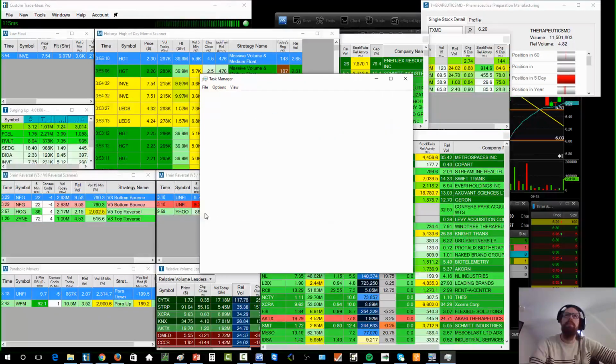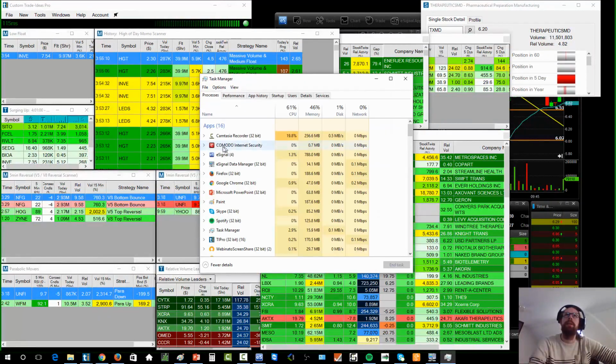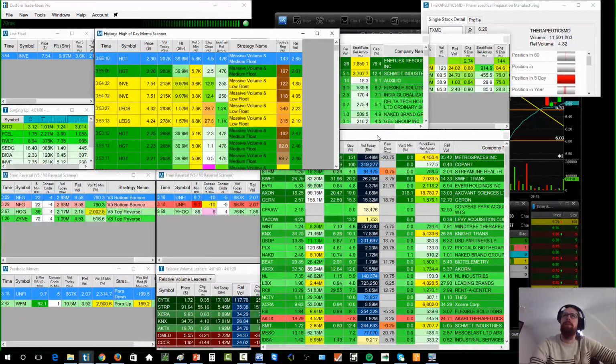Let's go into here. So you can see based on percentage of use. No, I think maybe this is pretty close to where it's aligned anyways, but Trade Ideas is super minimal. Like it's really not using much CPU and not too much memory. So anyways, that's just to say it's not like a hog on the computer resources.